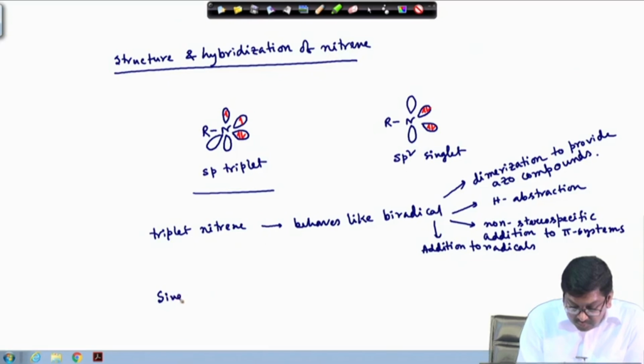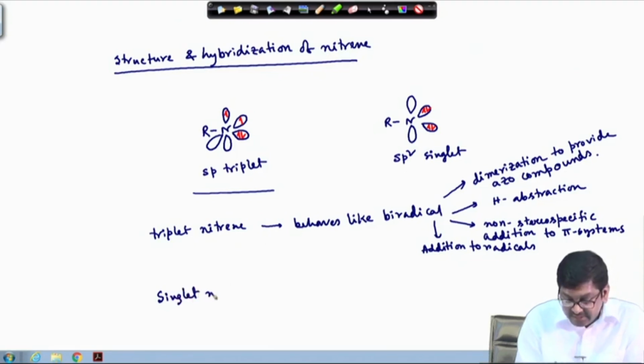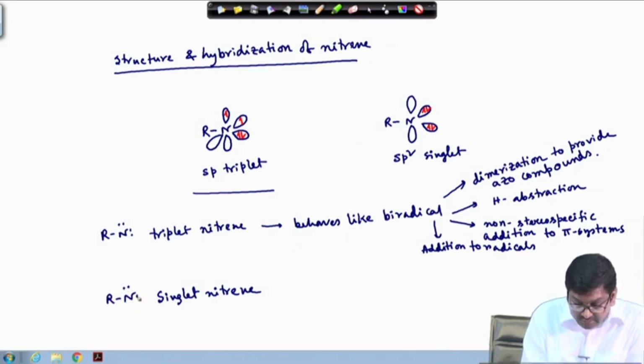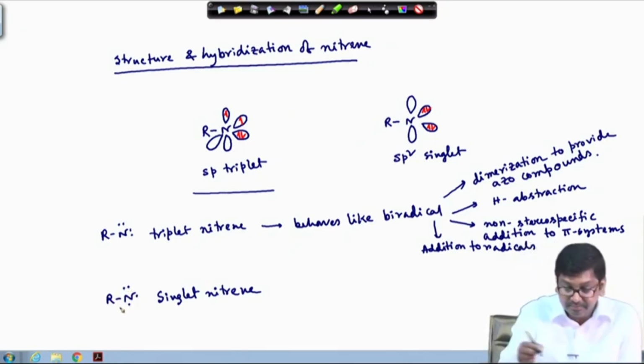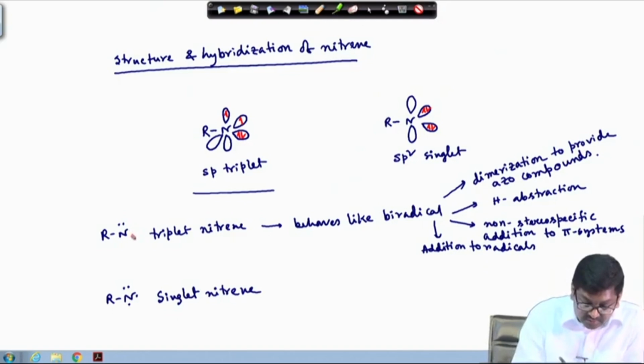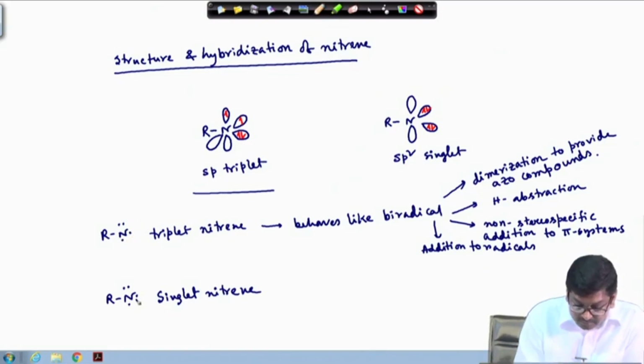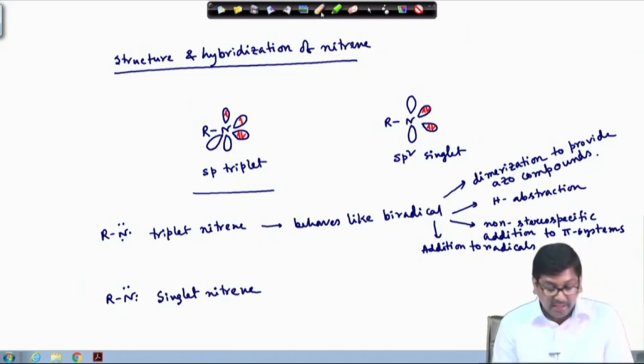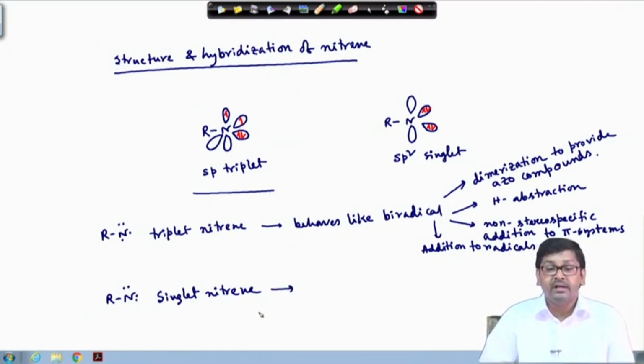So, if we take singlet nitrene, okay, sorry, some mistakes. Now, like singlet carbene, singlet nitrene also behaves in a similar way.